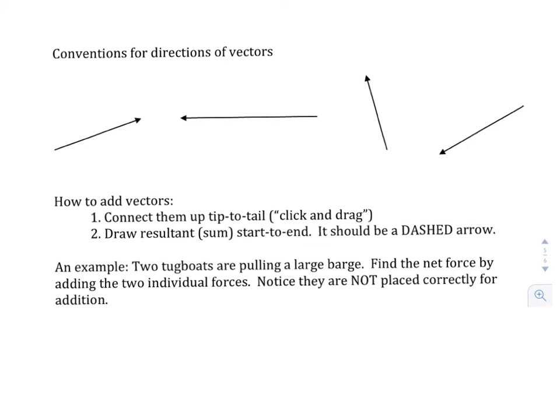There are some conventions that we use for directions of vectors, and basically most of the time we're going to be talking about north, south, east, west. So we've got never eat soggy waffles. And if you want to decide which way a vector is pointing, what you're going to do is have an axis at the beginning or at the tail end of a vector.